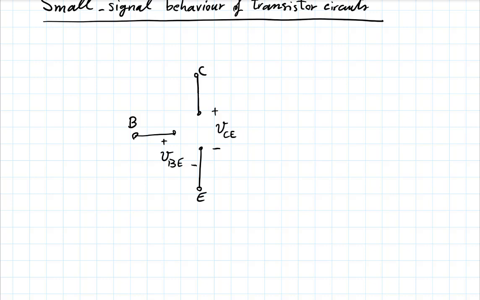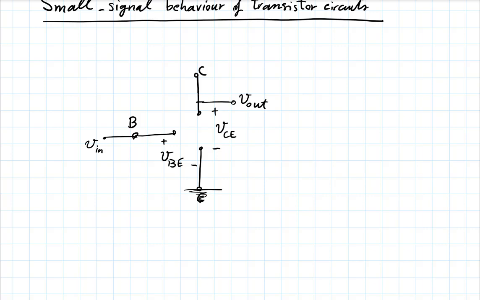And for instance, we had examples where you could define an output node right there, like that, and we had grounded this. And we looked at the variations of the output as we varied the input connected to this base node, right?